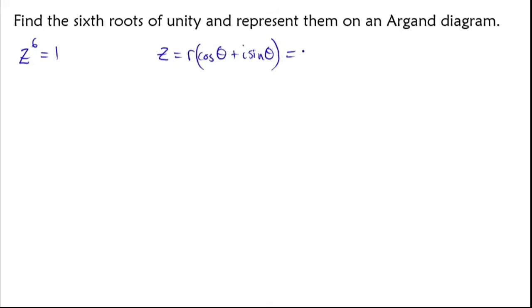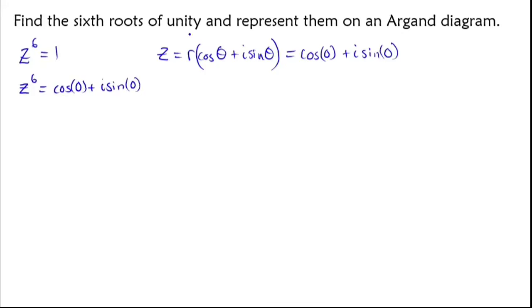Since 1 is a positive real number, we'll just say cos 0 plus I sine 0, like that. So z power 6 equals 1, in polar form is cos 0 plus I sine 0.